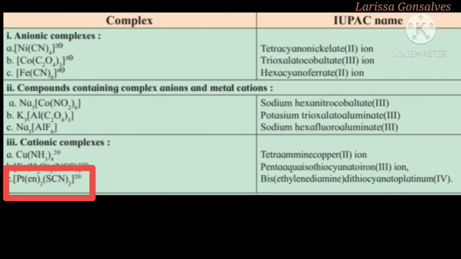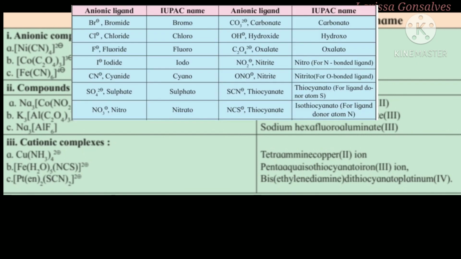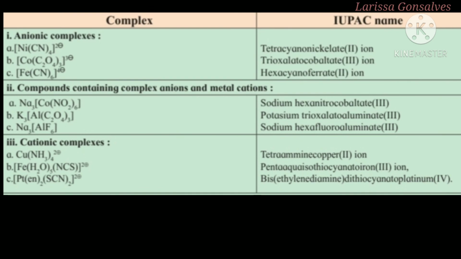Next is a chelate ligand, which is a complex type of ligand. So inside the coordination sphere we have [Pt(en)2(SCN)2]2+. So I have already mentioned in the rule, if it is a chelate type of ligand, then we are supposed to use the prefix bis, tris, tetrakis, etc. Here en stands for ethylene diamine and SCN is thiocyanato. So again we need to follow the alphabetical order, and according to that ethylene diamine will be written first.